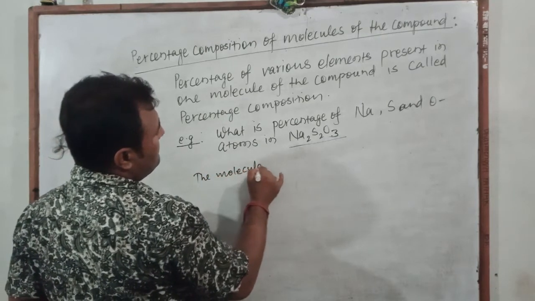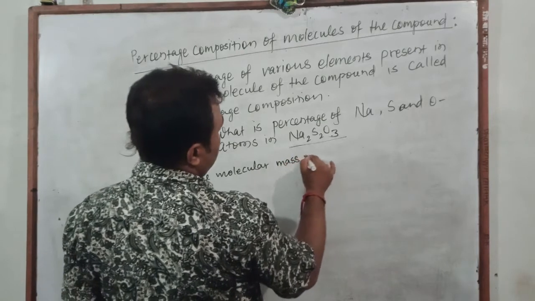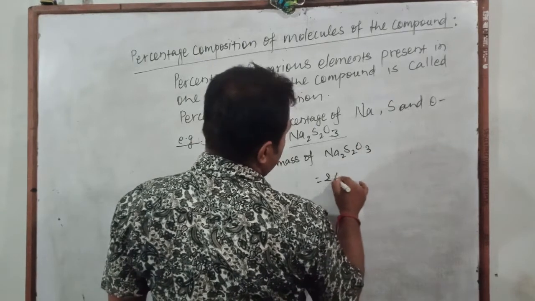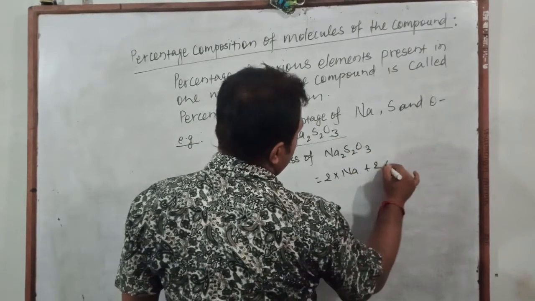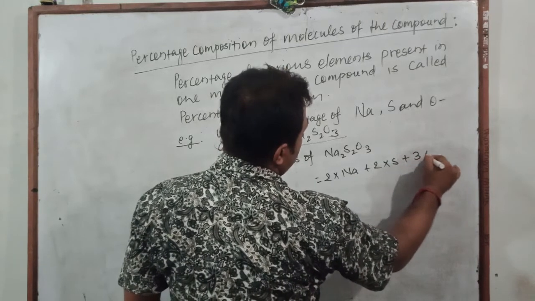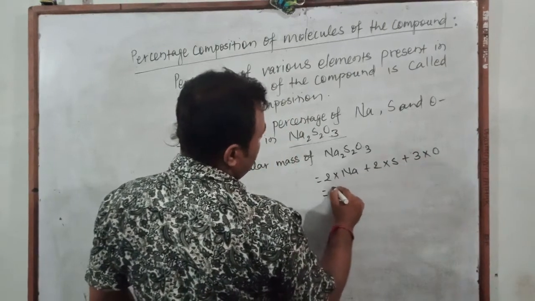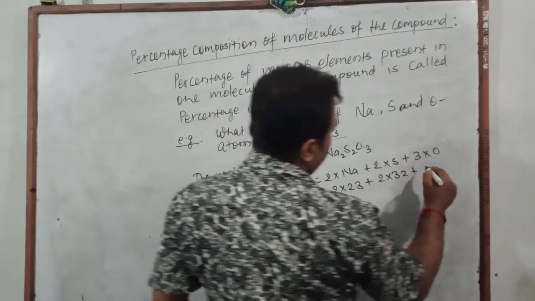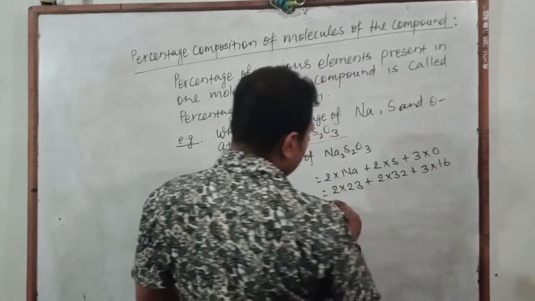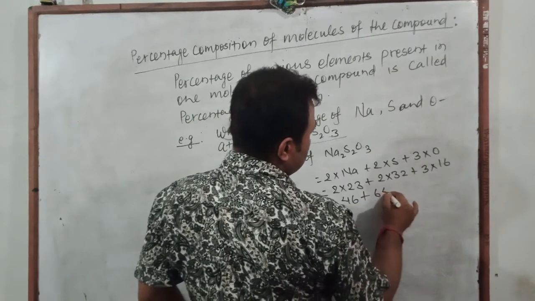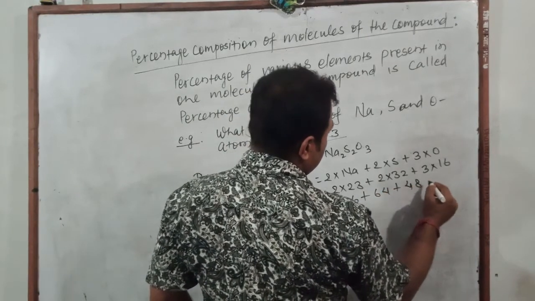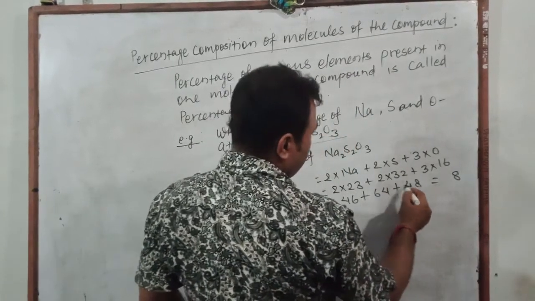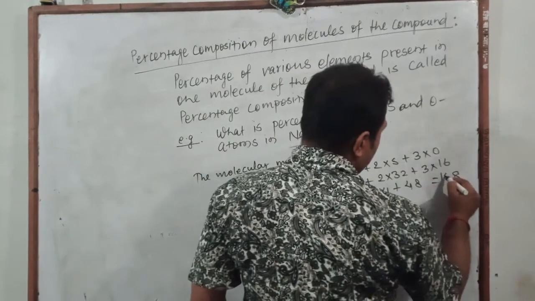The molecular mass of Na2S2O3 is 2 into Na plus 2 into sulfur plus 3 into oxygen. Here, 2 into 23 plus 2 into 32 plus 3 into 16, which is 46 plus 64 plus 48, equal to 158.